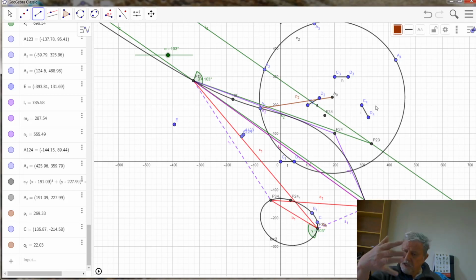But during the construction, you are not using the order of the positions. So the mechanism may move from first position to fourth, third, and second. So you don't know that. Intuitively you want it, but the mathematics is not concerned. So you have to check for that.